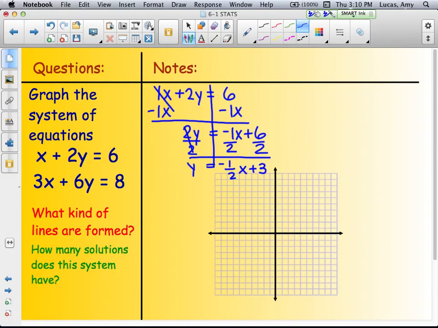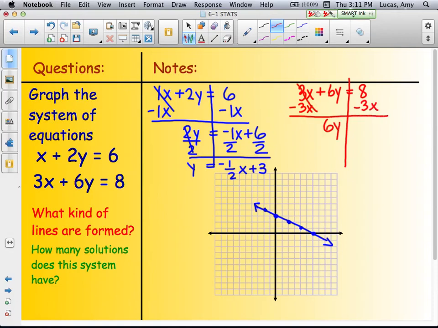So on my graph, I start at the y-intercept of 3, and my slope is negative 1/2. So I'm going down 1 over 2 to the right. So here's my first line. My second one is in standard form again, so it's going to require some work. I will subtract the 3x on both sides. 6y equals negative 3x plus 8.